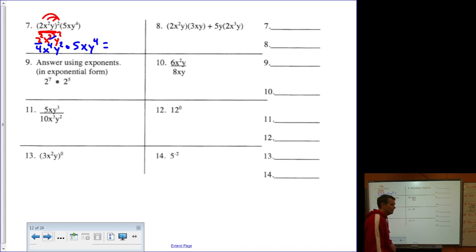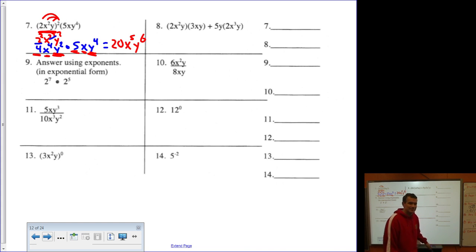And when you multiply those together, you multiply the coefficients, the 5 times the 4, but you add the exponents, right? I have x to the fourth and another x, that's 5x's. And I have a y squared and a y to the fourth, that is 6y's. There we go.